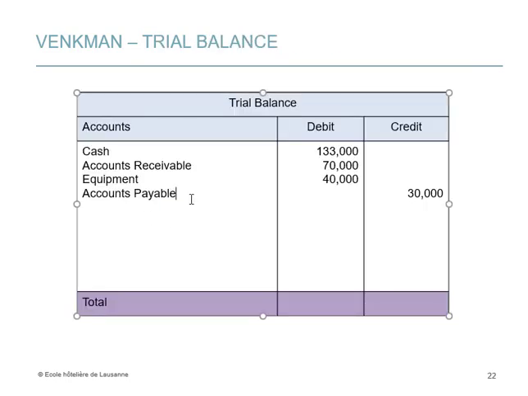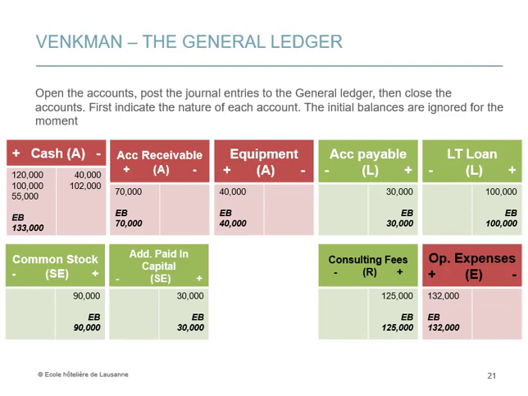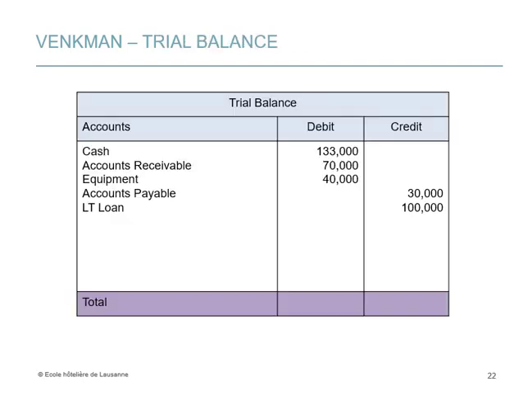What else? We have a long-term loan, which is also on the credit side. The long-term loan is equal to 100,000. Apart from that, we have common stock, also a green account, plus on the credit side, for 90,000.